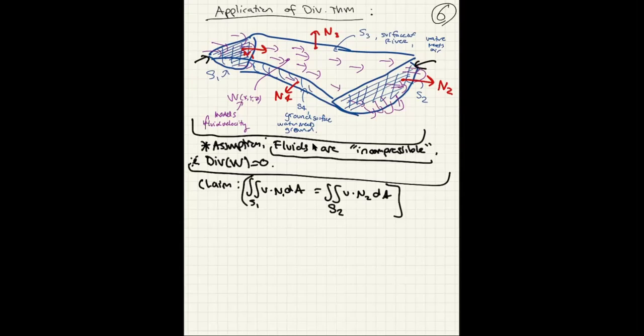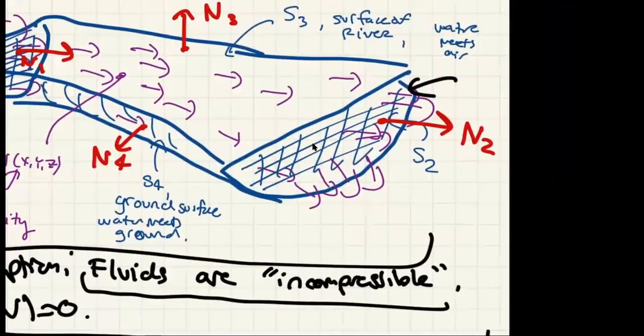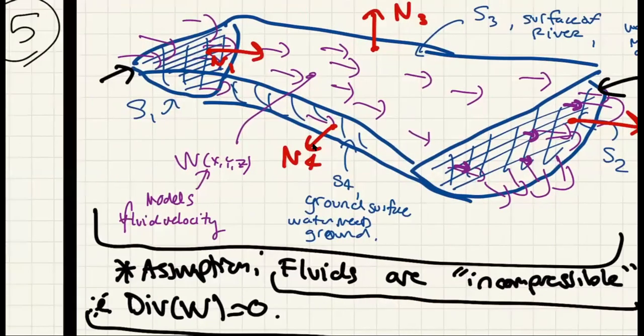Another thing that means is, if this claim down here is true, then on average, if I look at this surface, the water vectors are probably a little bit smaller over here because I have a lot of surface area. If the purple vectors were huge, and my surface area S2 is bigger than S1, then I would have a lot more flux over here comparatively.